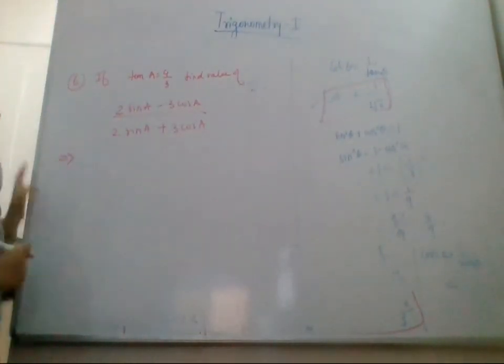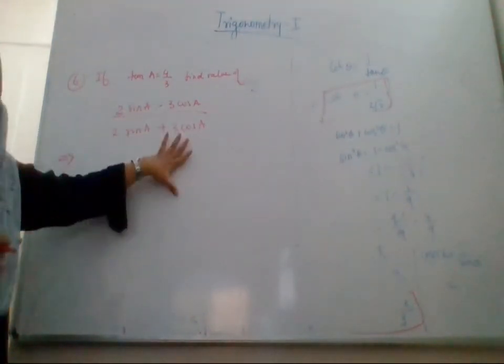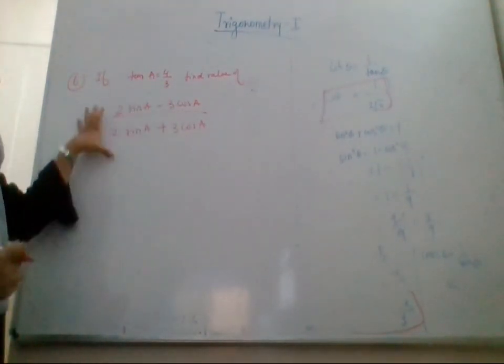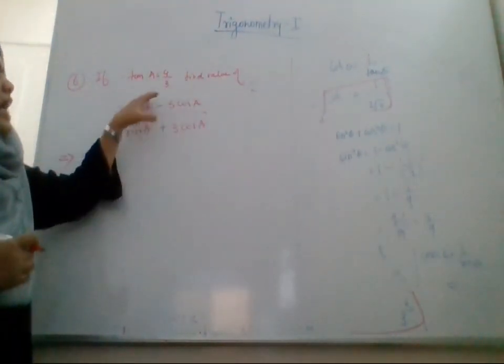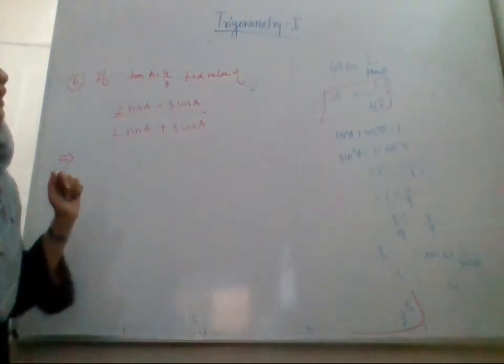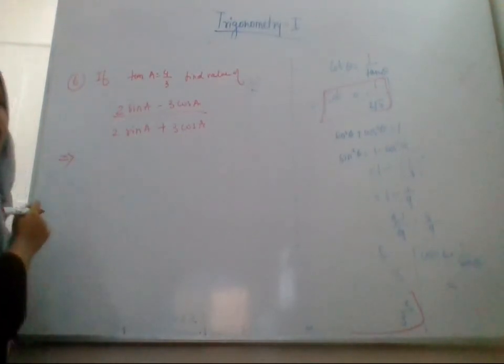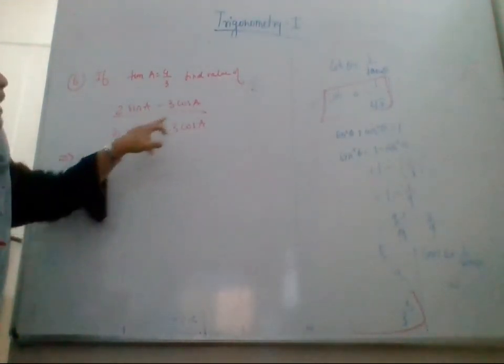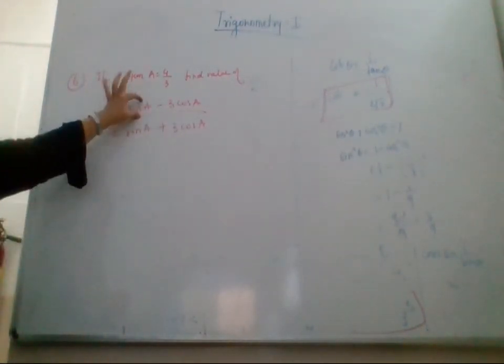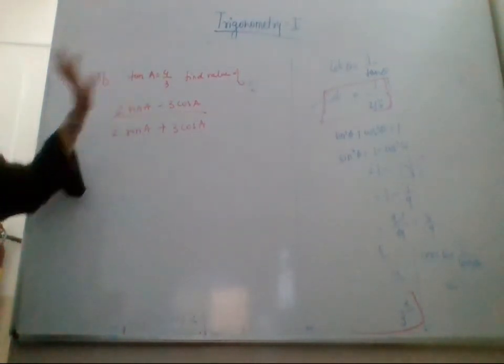Okay. So here sin and cos are given to us. So what we will do? First we will try to convert sin into tan. To convert sin into tan, we divide each term by cos. So this term will become tan, this term will become tan.